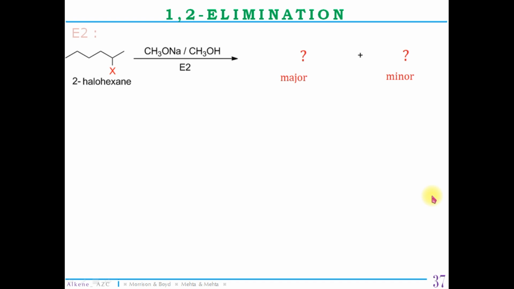After knowing Saytzeff's rule, we can predict which will be the major product in an E2 reaction. Here is a general example: reaction between 2-halohexane and methoxide base. As we have 2 beta carbons, if methoxide abstracts hydrogen from this carbon, we will get 1-hexene, and if methoxide abstracts hydrogen from this carbon, we will get 2-hexene.